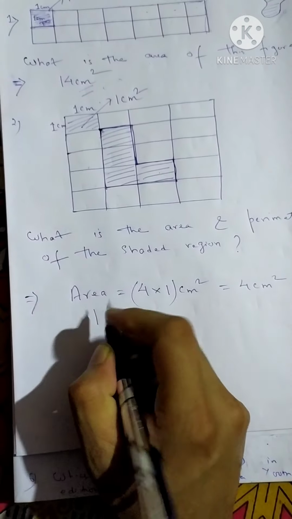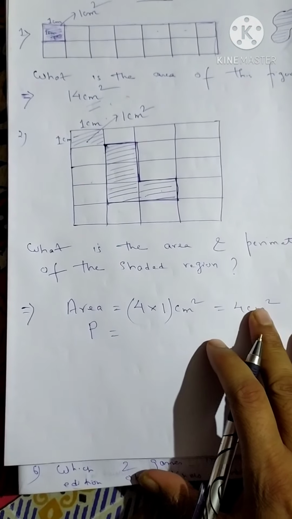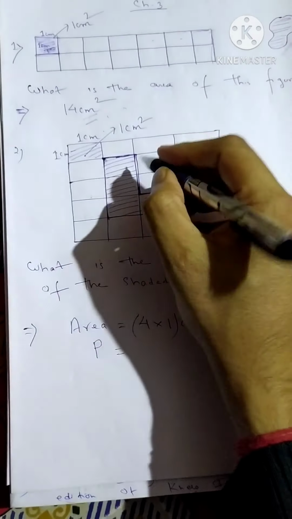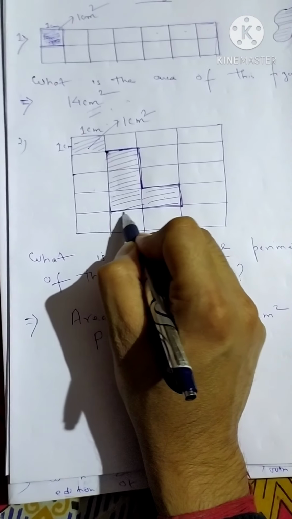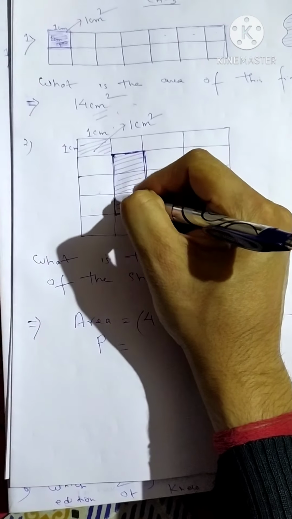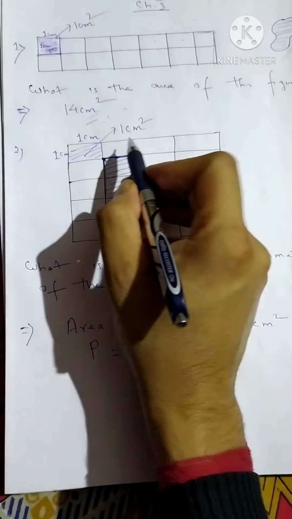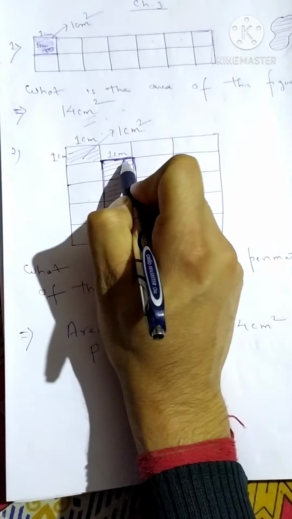Now perimeter. Now listen, for perimeter only this length you have to consider. This one, this one, this one, this one, this and this. So first you have to find the lengths. This one is how much? I'm writing here 1 centimeter because each side is 1.